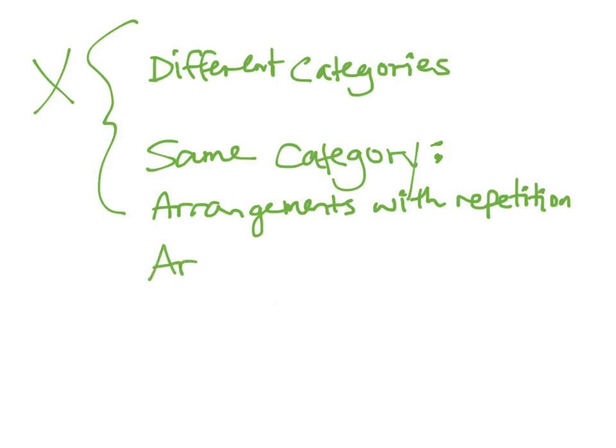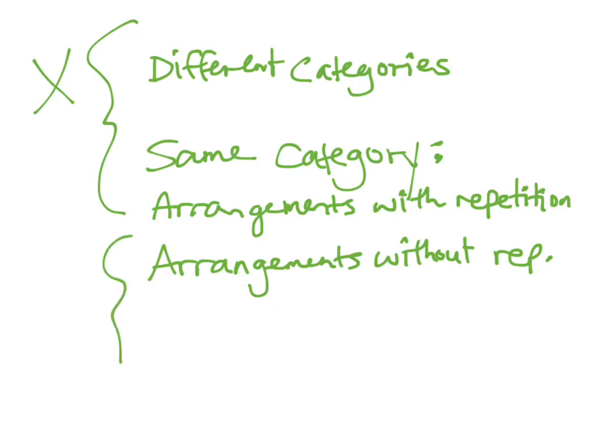If you're looking at arrangements without repetition, you certainly can multiply, but you can also go on to use a permutation rule. If you're arranging all of the things that you have, you can do n factorial. The factorial has built into it this idea of no repetition.